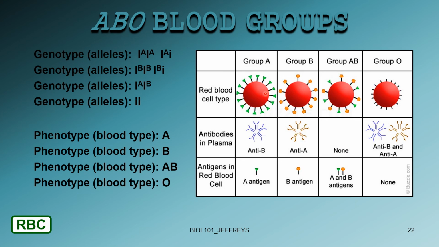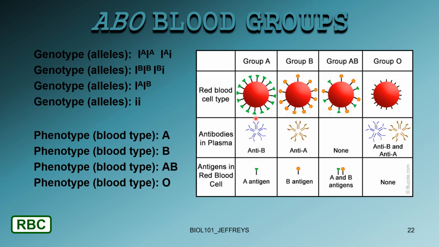So on the surface of the red blood cell, if you have blood type A like I do, on the surface of your red blood cell are these A antigens. These are little sugar spikes on the surface of your red blood cells.